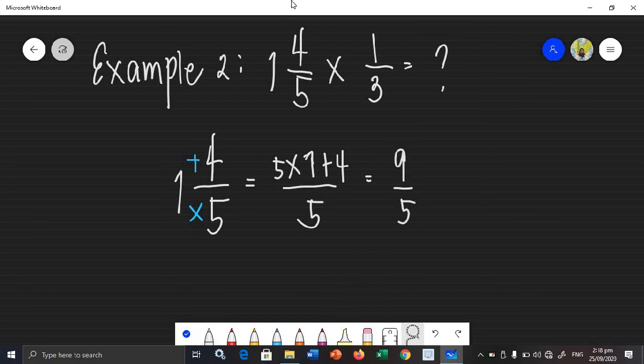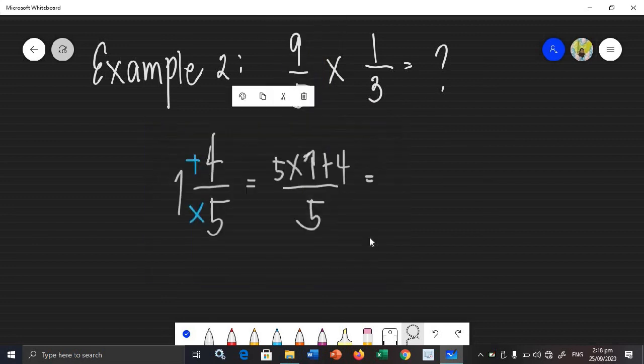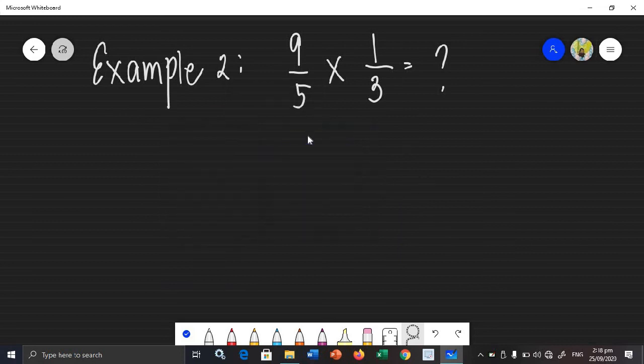So, I am going to change this into 9/5. Okay? Because this is now the given. So, we changed it, unlike earlier, because I want you to see that there are changes. But here, I will really change it. So, these will be the fractions that we need to use in solving example number 2.